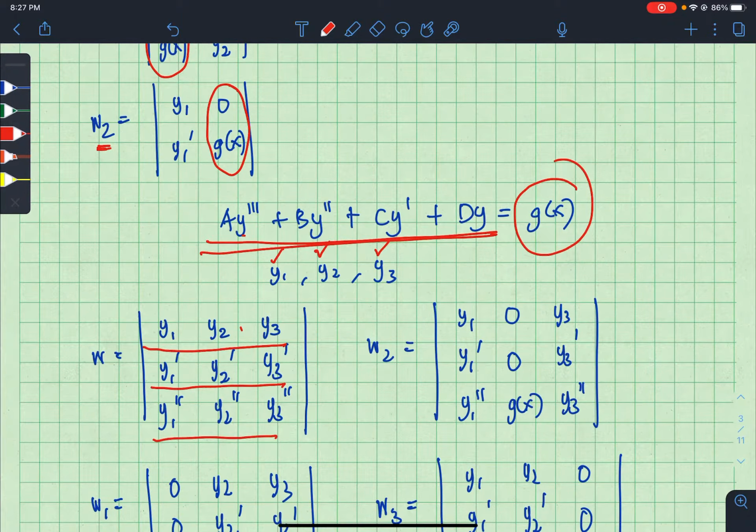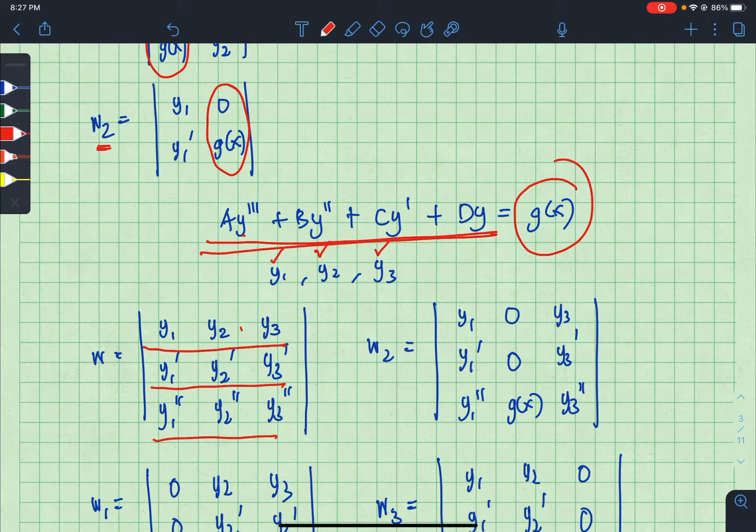So now that we have that, we're going to get our W sub 1. For our W sub 1, our first column will be 0, and the second row would be our g of x.